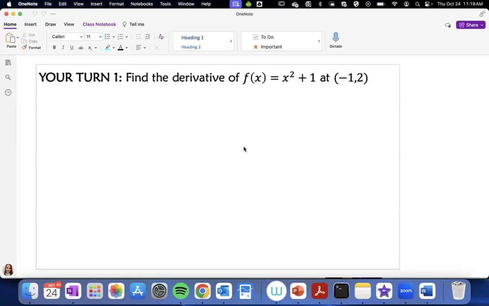And then the letters. Find the derivative. Oh, that makes so much sense. So then, what's the point? First thing you define.